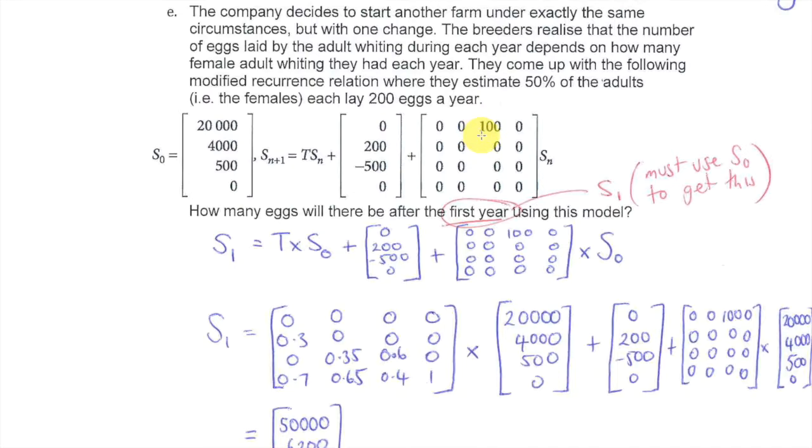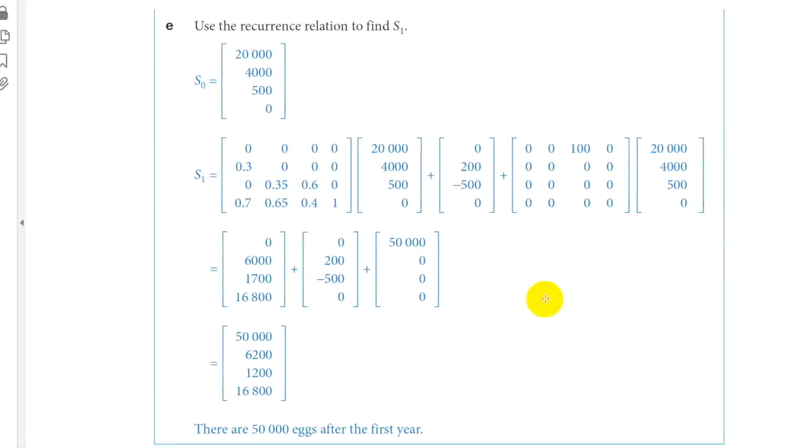But why does that times this work out to be the 50,000? So this shows exactly the same calculation. There it all is there. But let's just look at the last part. Why is it that this matrix times that matrix will produce 50,000 eggs?